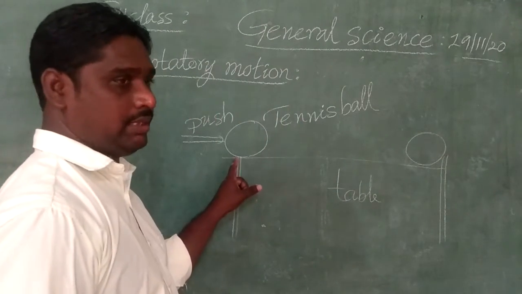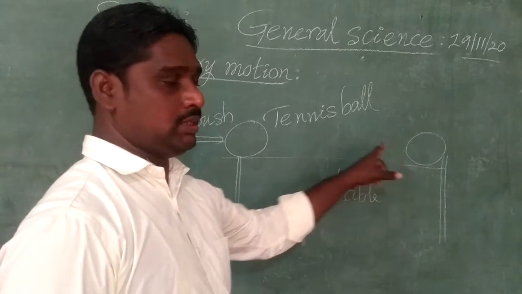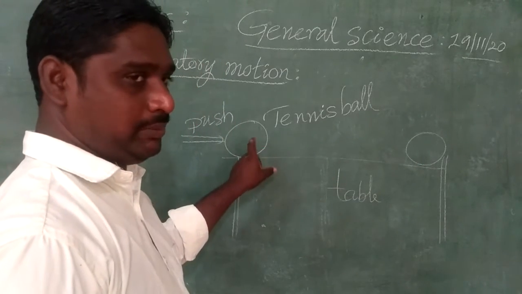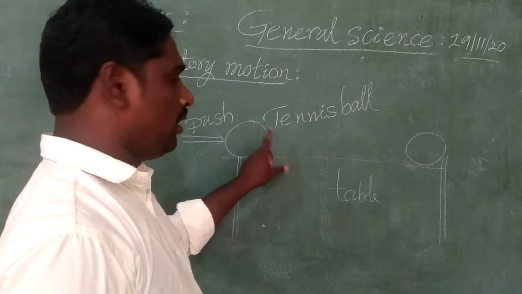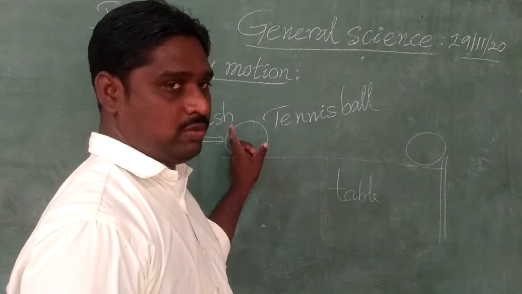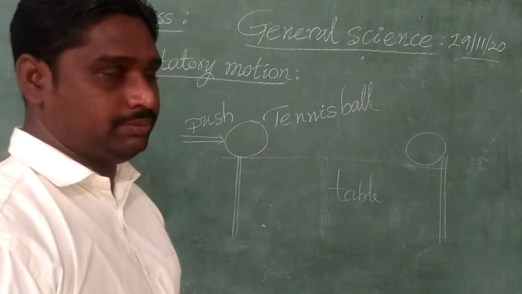This is the first end of the table. This is the other end of the table. So this tennis ball moves from one end of the table to the other end.